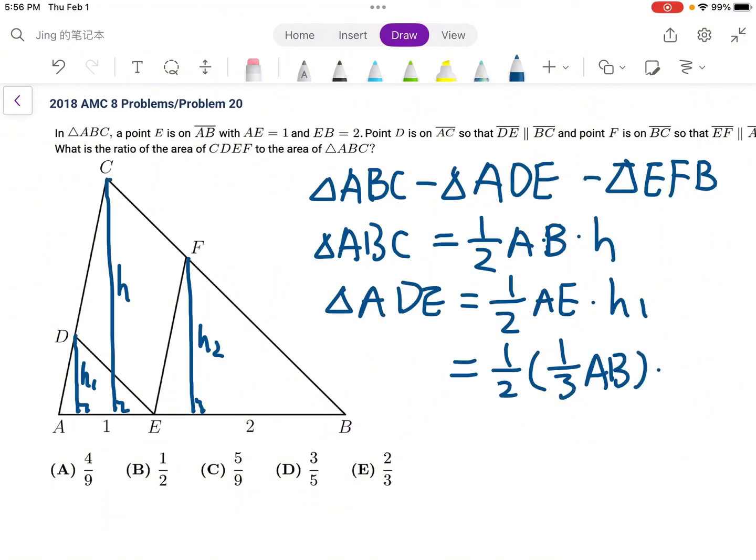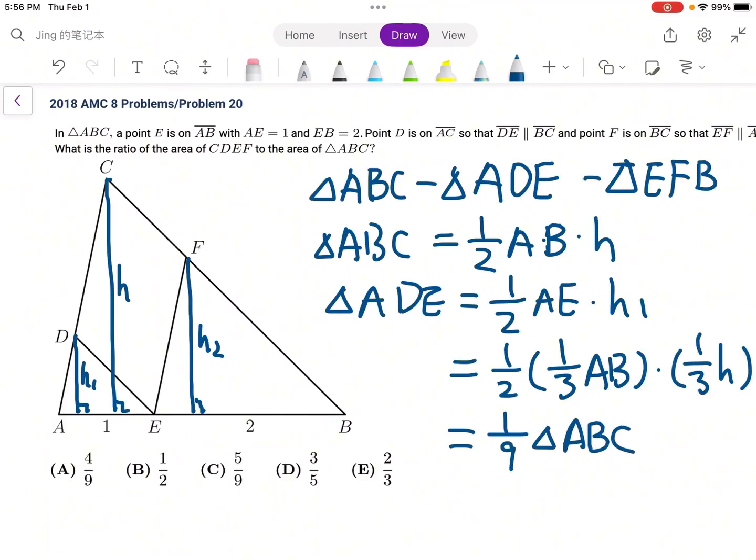And because DE is parallel to CB, therefore H1 will be 1/3 of H. That means the area equals 1/9 of the area of the triangle ABC.